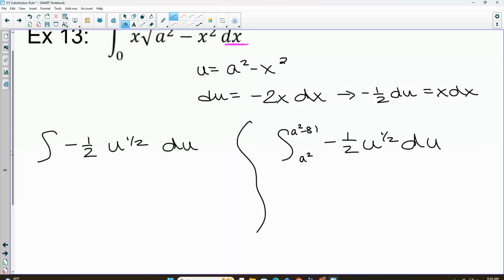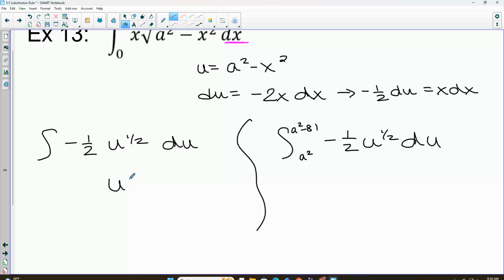Okay, antiderivative. Add 1 to the power, so 3/2. Reciprocal in front, so 2/3. So you have to think negative 1/2 times 2/3. So negative 1/3 u to the 3/2.